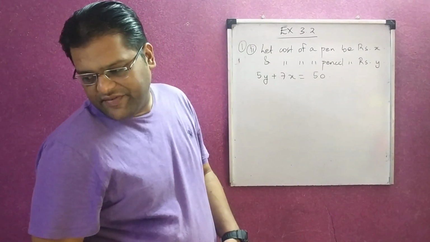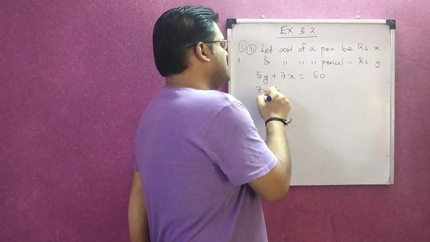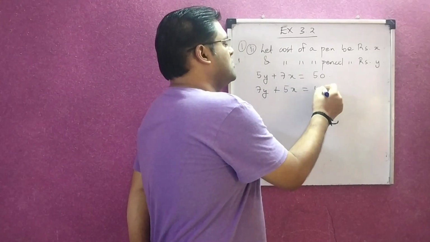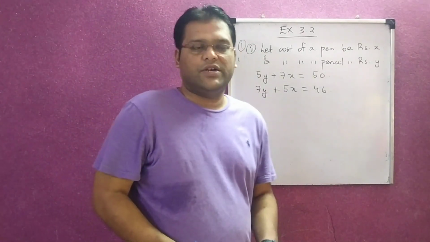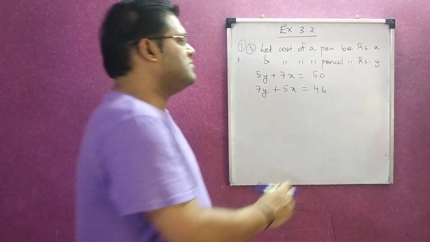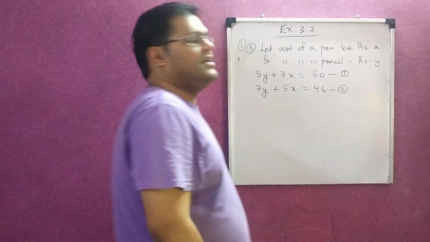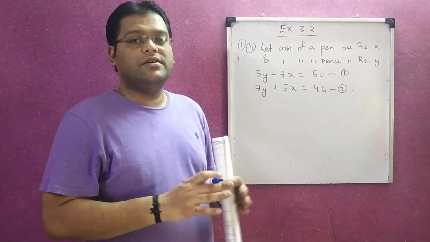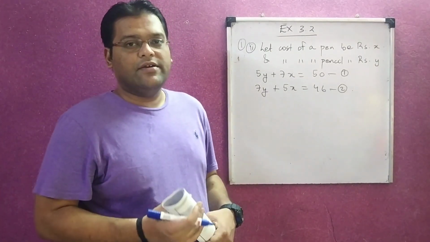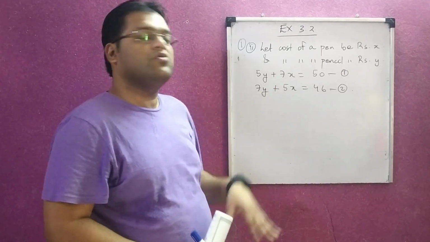Then you are given 7 pencils and 5 pens. That means 7y plus 5x is equal to what? 46. Right. So this is equation 1, this is equation 2. Now as you see, it is going to be difficult for you to plot that particular table, because of the values you see over here, whatever we have as the coefficients.